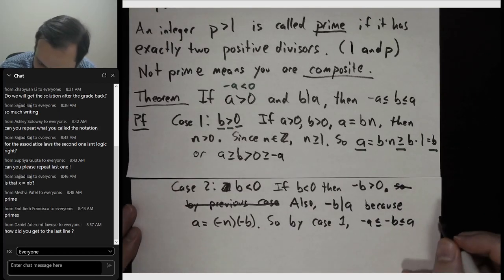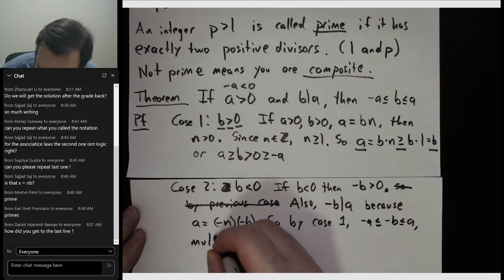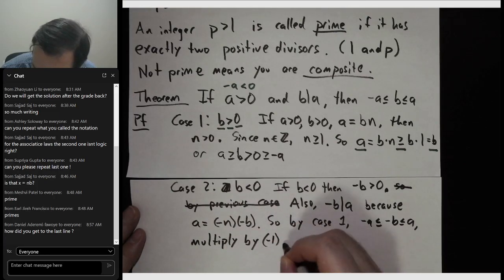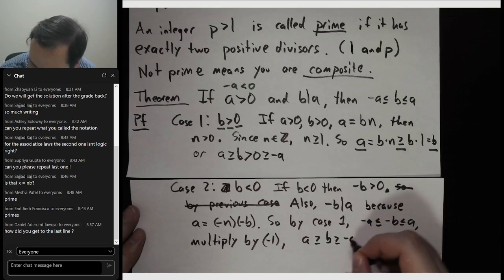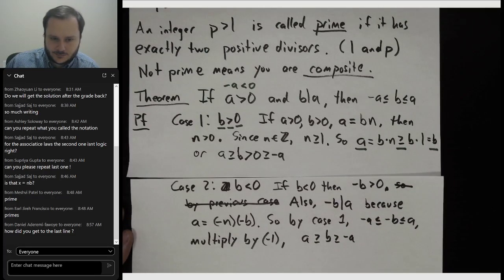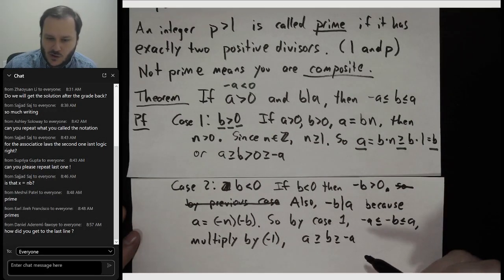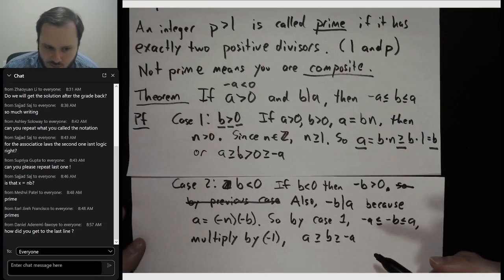And if I multiply everything by negative 1, a is greater than or equal to b is greater than or equal to negative a. So I've reused case 1 in case 2 to save on a little bit of work. That makes a nicer looking proof.